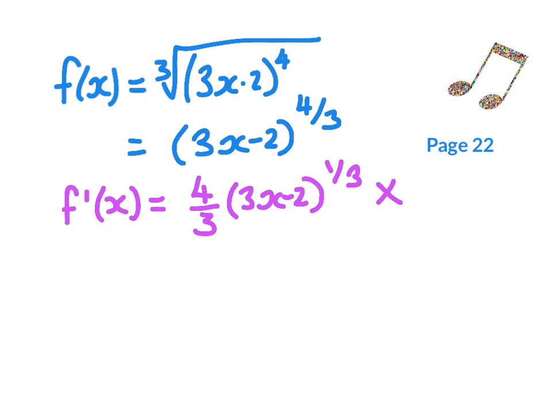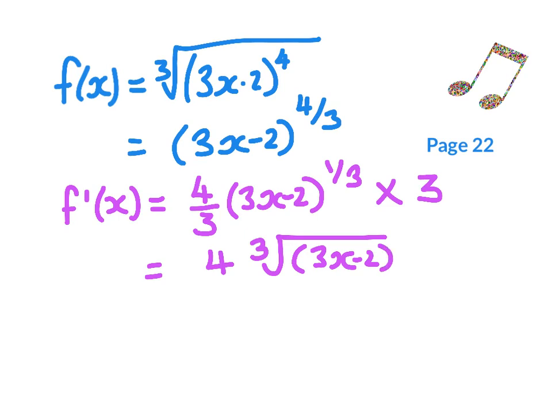So 3x minus 2, if I differentiate that, I'll get 3. I'm going to tidy up. 4/3 multiplied by 3 is just 4. The 3x minus 2 is to the power of 1/3, so that means that it's a cube root. Not underneath the fraction because it's not negative.